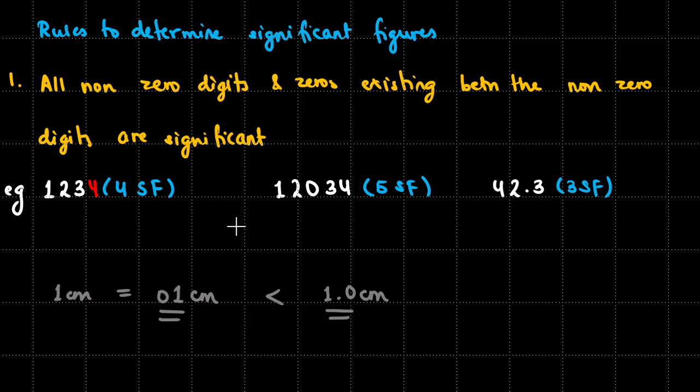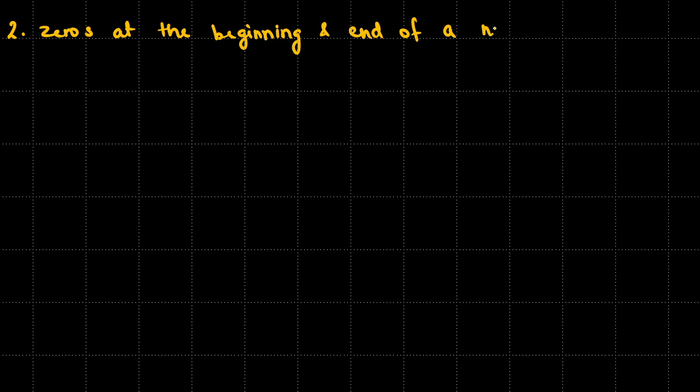So now let's talk about the second rule, which is: zeros at the beginning and end of a number are not significant.